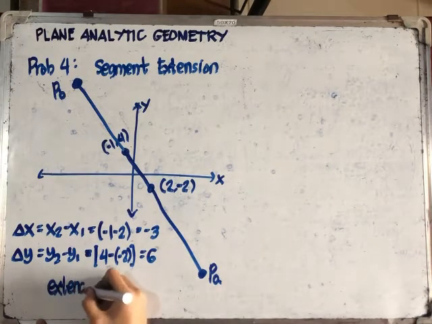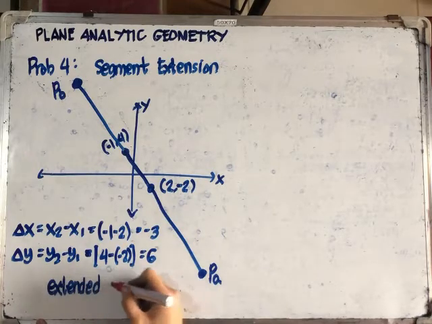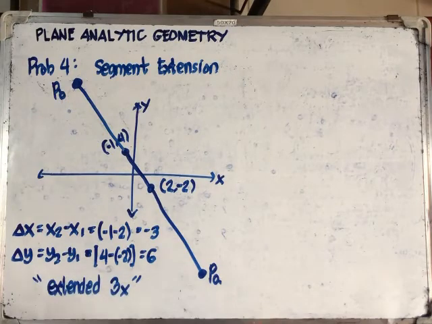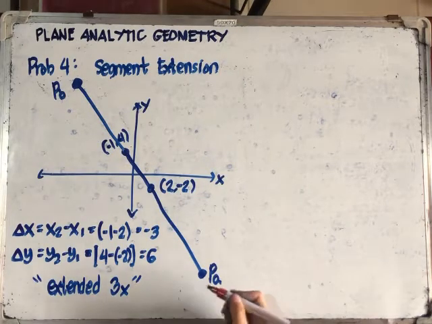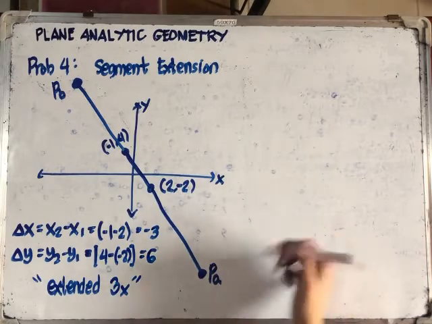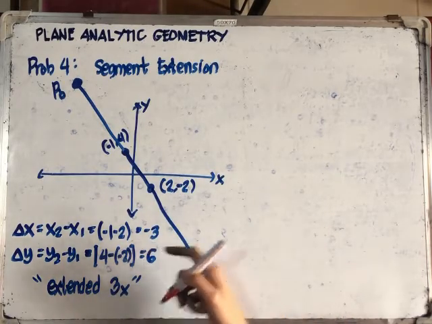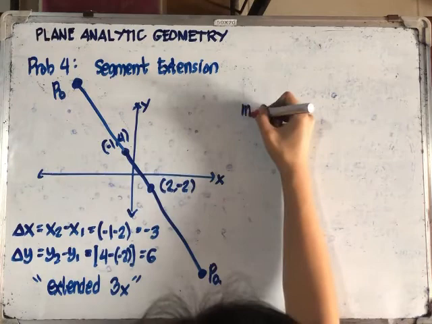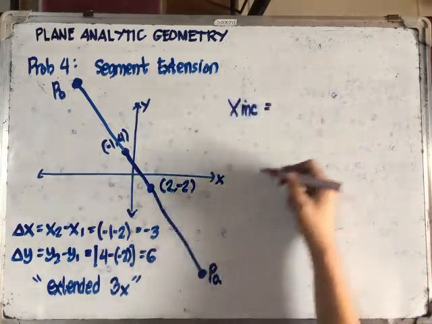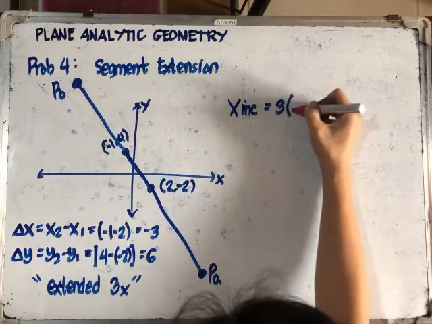The problem told us na extended 3 times. And we are to get the terminal points. So, ayun na nga. Kung extended 3 times siya, i-multiply natin ang increment, ang change natin by 3. So that the increment natin kay x would be equal to 3 times 3.